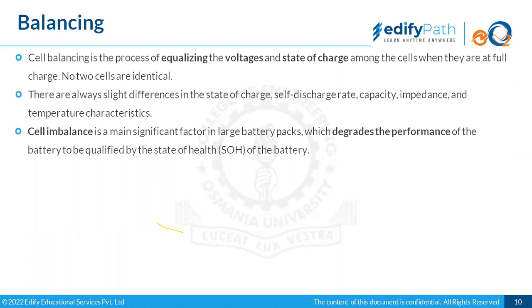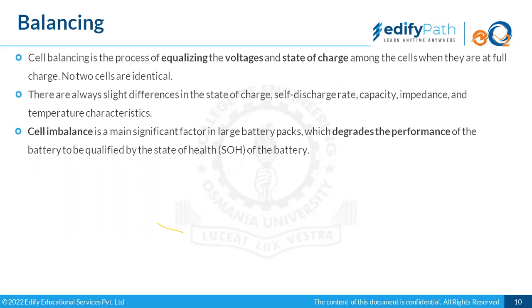Because when we are utilizing cells at different conditions in a disbalanced battery, some cells would be over pressurized and some lesser pressurized. The over pressurized cell would degrade at a faster rate, so the entire health of the battery, the SOH that we call state of health, will also be disturbed. If the battery has a particular health check, mentioned after certain kilometers or after certain time, we should definitely do it.